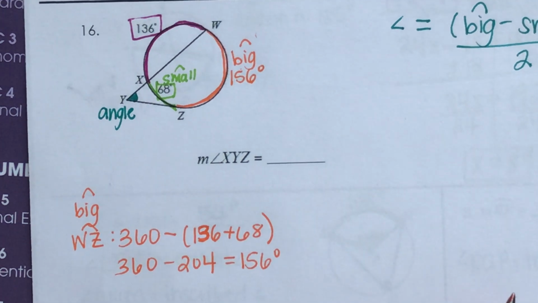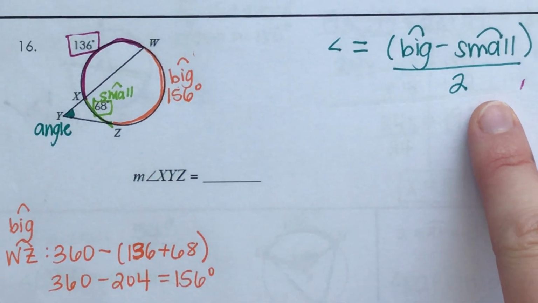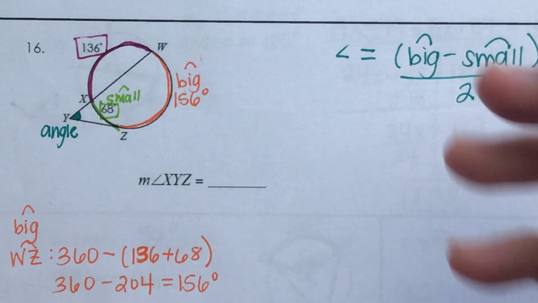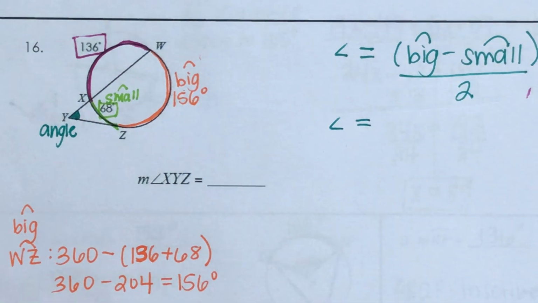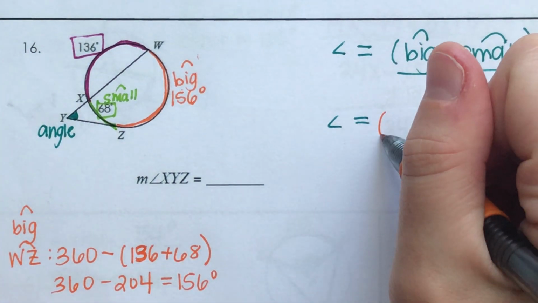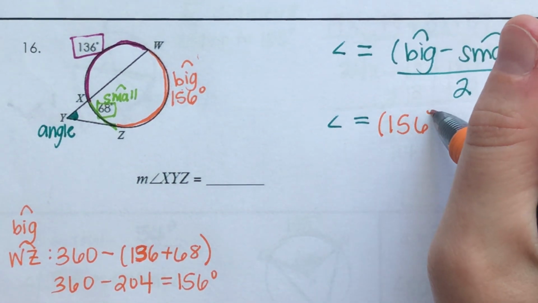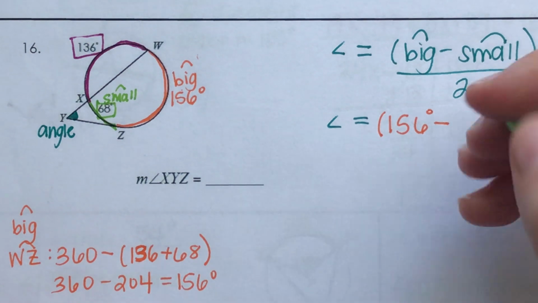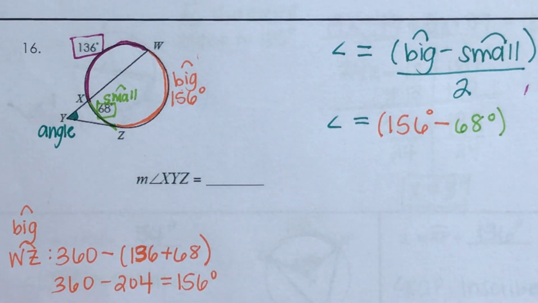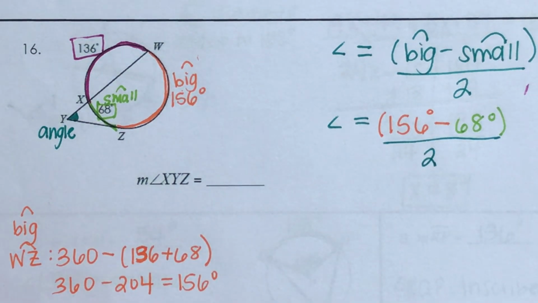Okay, now I have all the information that I need, and I can actually figure out what the equation is now by doing this. So I'm trying to solve for the angle. I don't know it. I've got my big arc is 156 minus my small arc is 68, all divided by 2.